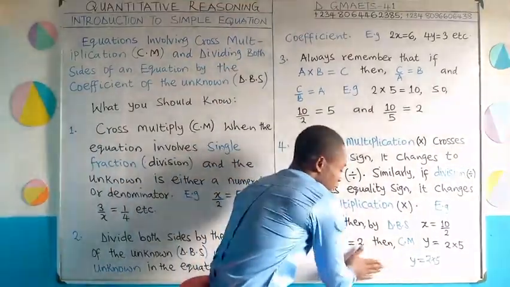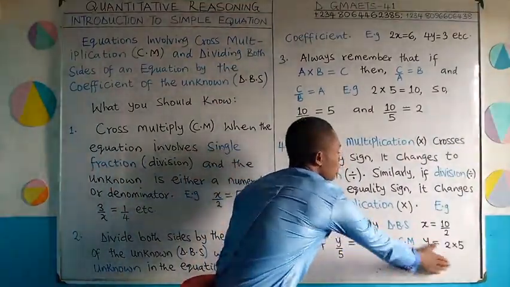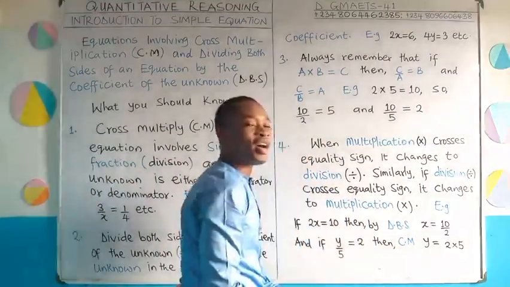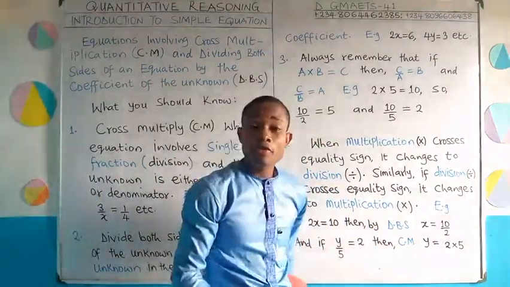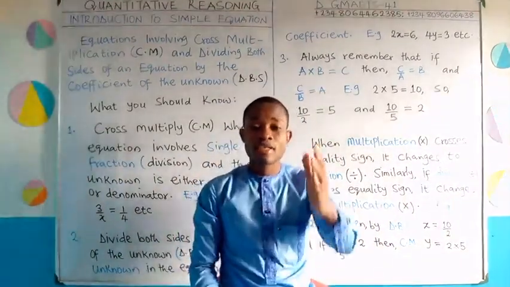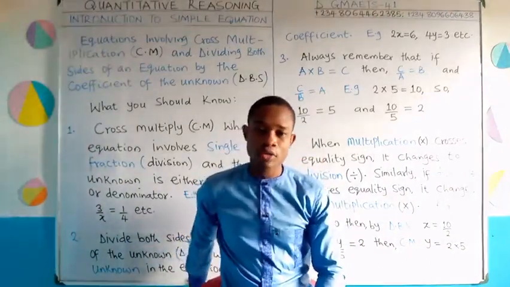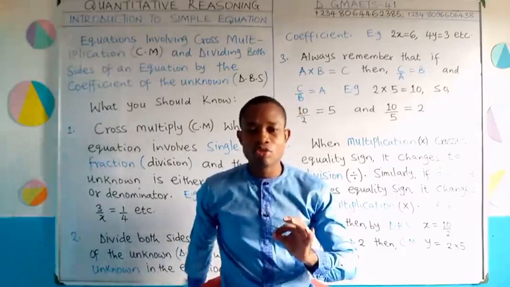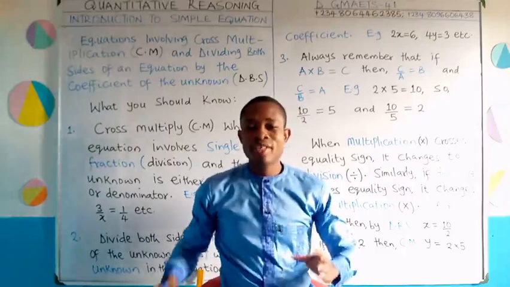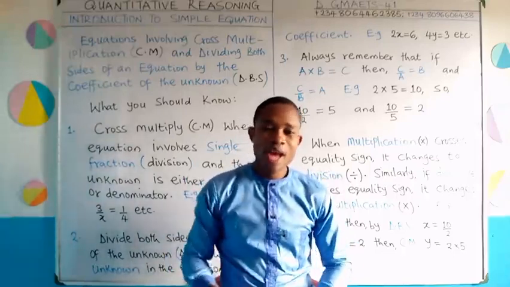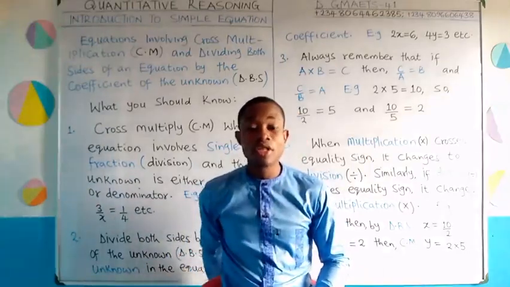Alright, so I have succeeded to explain to you what you need to know whenever an equation involves a single fraction. And in that single fraction, the unknown is either the numerator or denominator. I've also explained to you what you need to do when in a given equation you have the coefficient of what? The unknown.